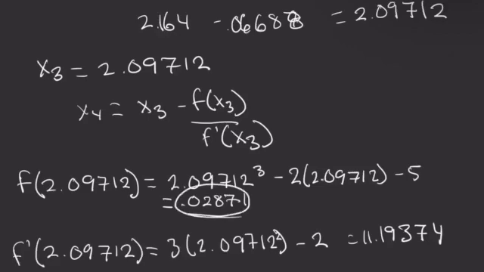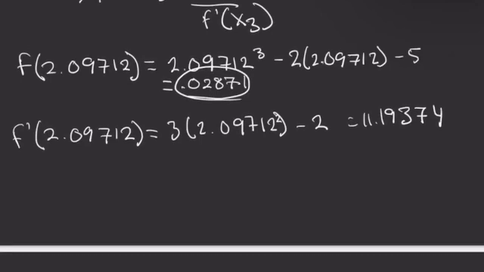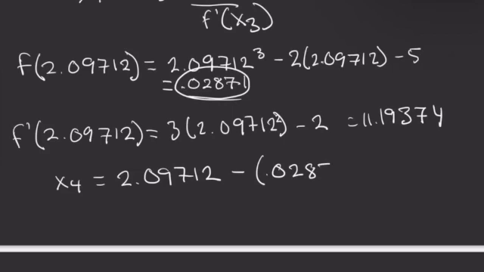This number is becoming even smaller, again, getting closer to 0. So now we have x4 equals 2.09712 minus 0.02871 divided by 11.19374.